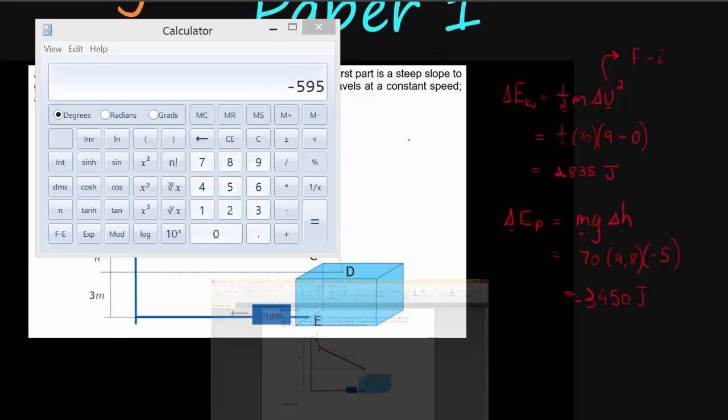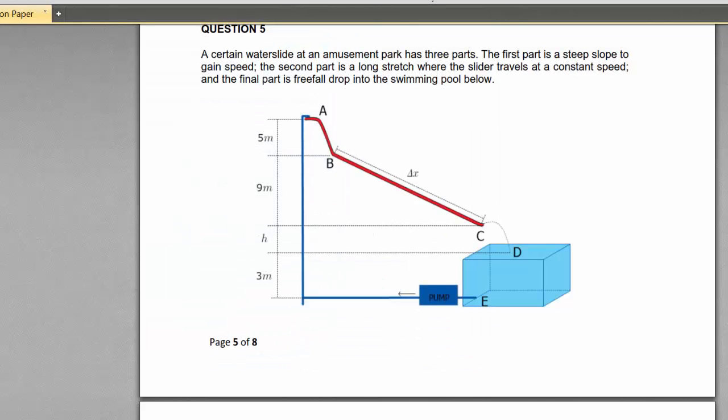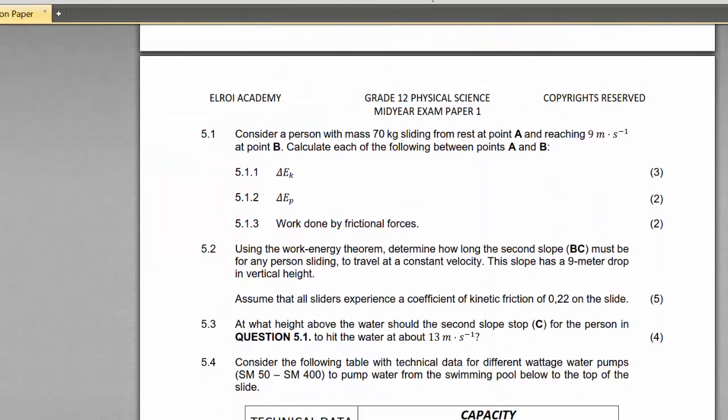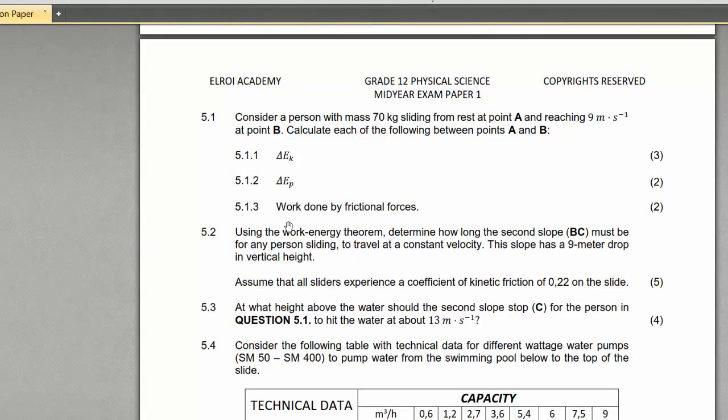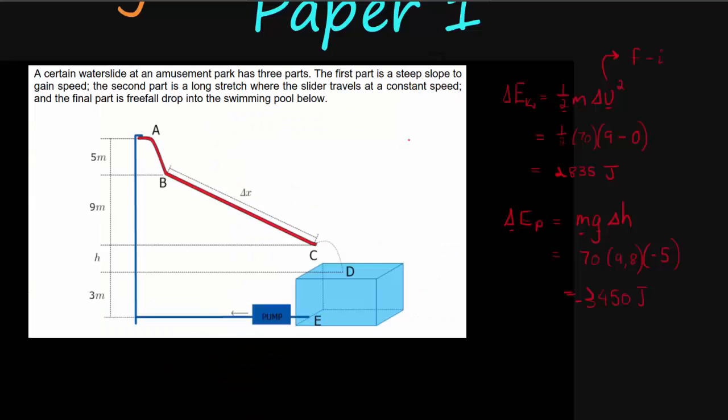The next question asks us, what is the work done by frictional forces? So what is happening with all the energy that is lost but not gained by kinetic energy? Well, it is the energy used by frictional forces.